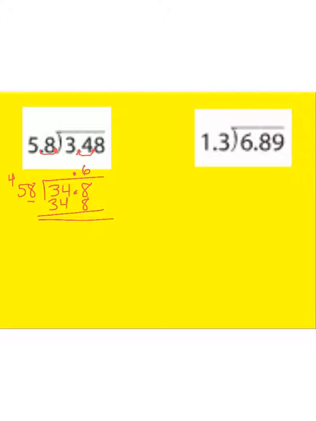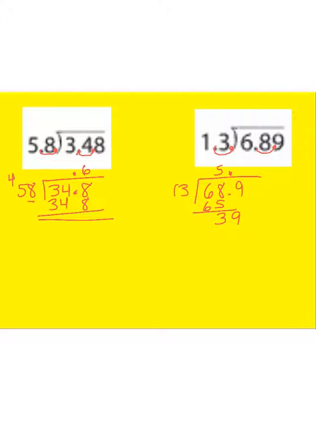Okay, let's look at this one. Same goal. I need a whole number divisor, so I'm moving one to the right in my divisor, one to the right in my dividend. Let's go ahead and rewrite the problem. So now my problem is 68 and 9/10ths divided by 13. Okay, bring that baby up. 13 goes into 68. I know 5 times 13 is 65, so that makes that pretty easy. 8 minus 5 is 3.